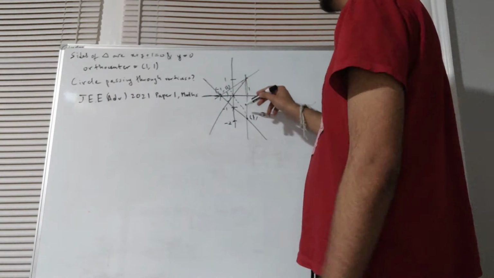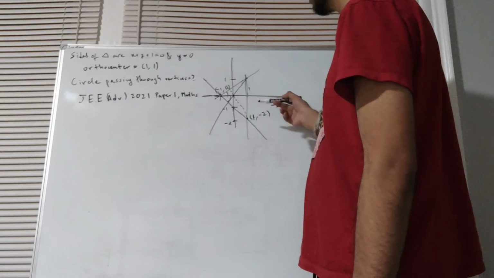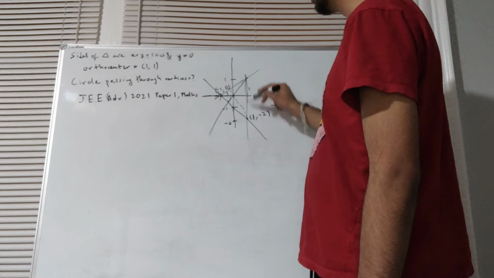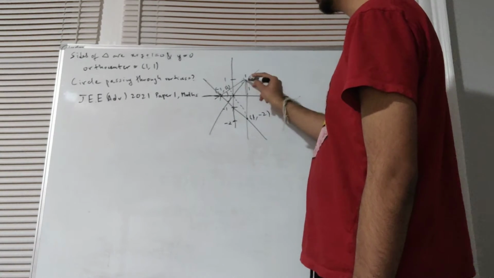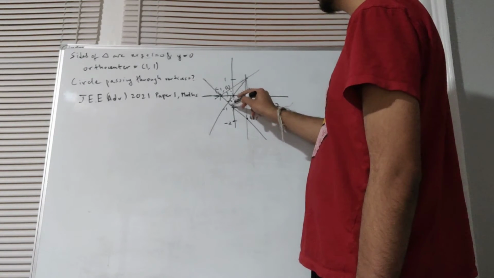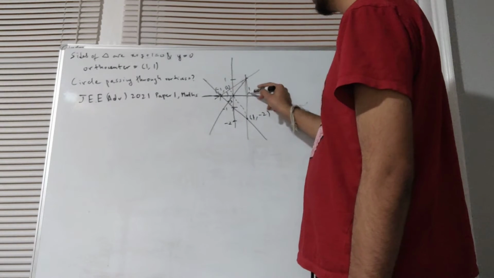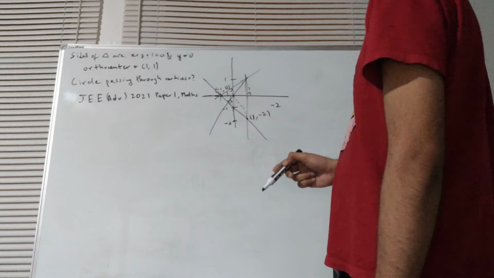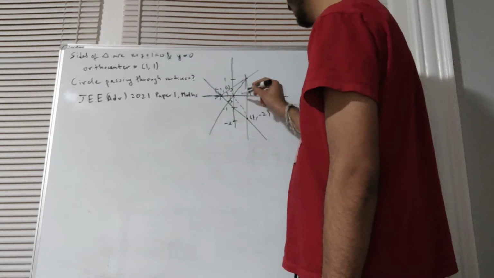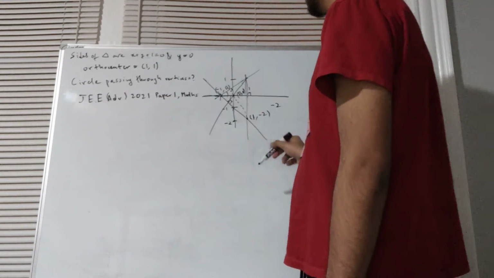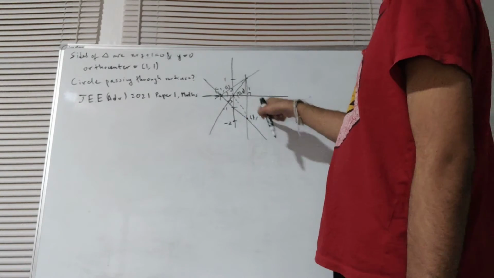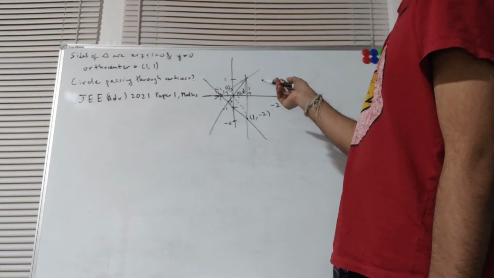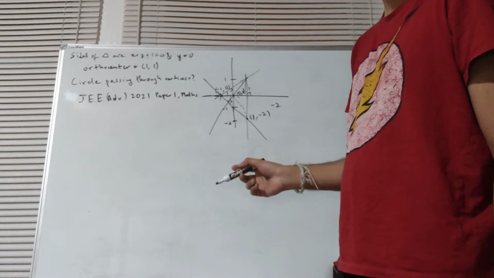I mean, which basically means that this is the third vertex, because the altitudes pass through the vertices and they're perpendicular to one of the sides. So that means 0, 0, 1, minus 2 and minus 1, 0 are points that have to pass through the circle.